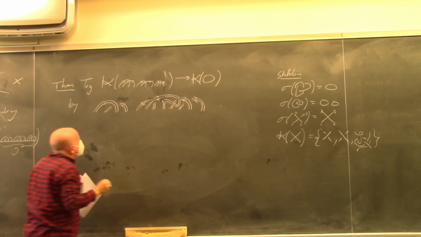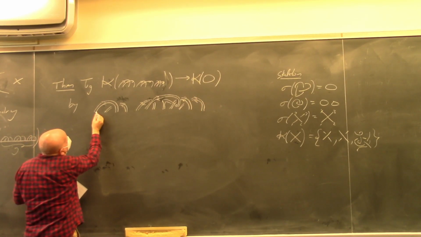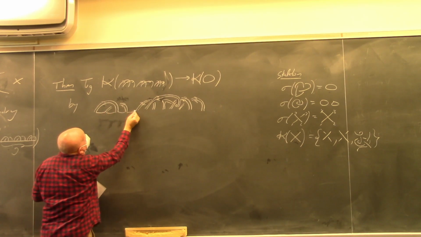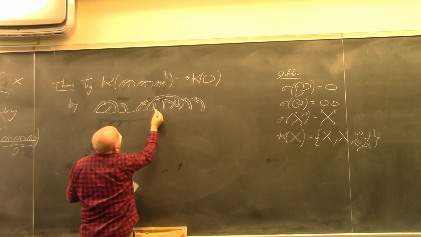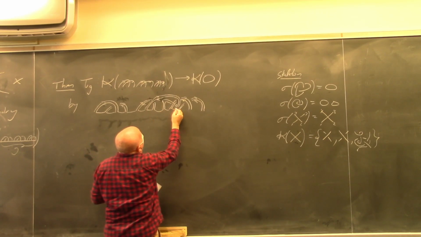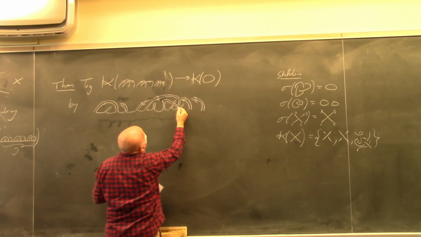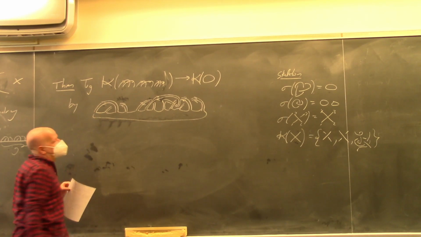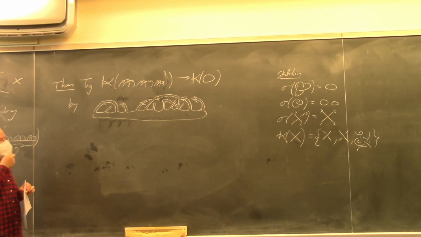And then you connect as follows. So you connect this to this, this to this, this to this, this to this. Basically, you connect skipping. You connect the pair and then you skip one. Connect and skip. And finally, you connect the last to the first. Okay?